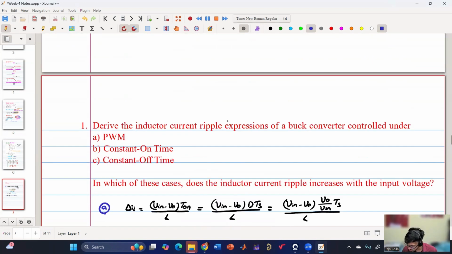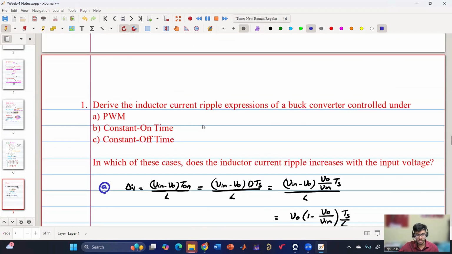So what is the answer then? Naveen is saying constant off time A and B. So in which cases is the inductor ripple current increasing with input voltage?